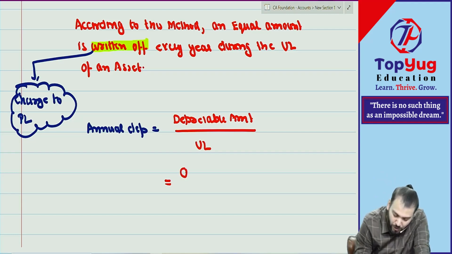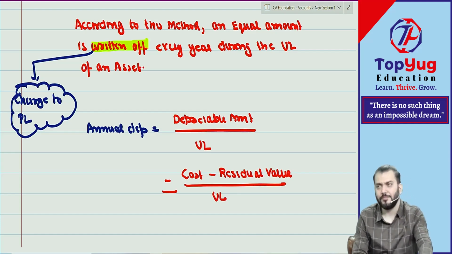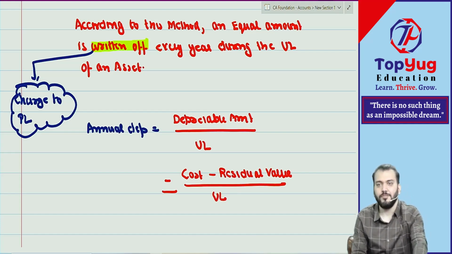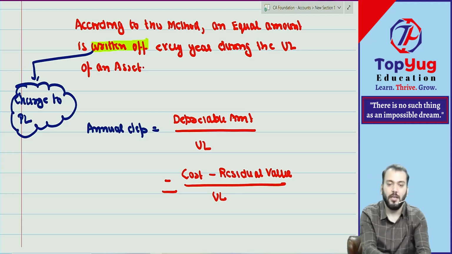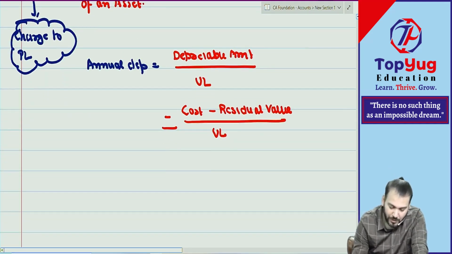It is cost minus residual value. I hope you all are understanding. Divided by useful life. Simple. Understood. Any doubt? No doubt. This is the annual depreciation.